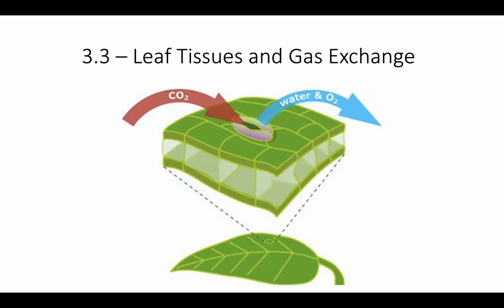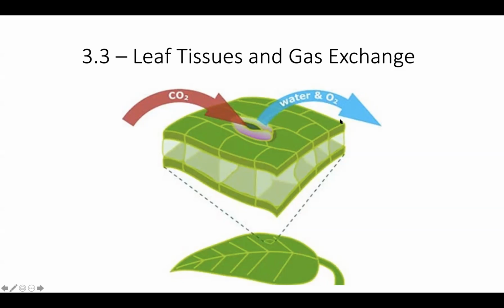The structure of root hairs is very small and there's lots of them, right? And the function of that is to increase and maximize water absorption or nutrient transport at the level of the roots, okay?